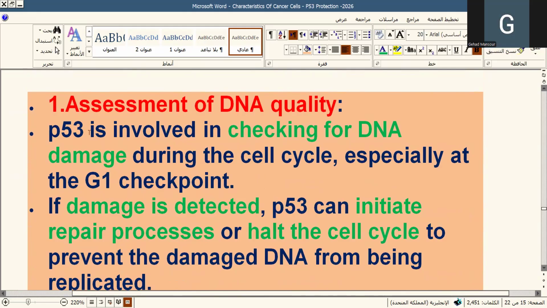P53 does not itself sense the presence of damaged DNA, but it is a sensor protein, as we said. Once the sensor protein detects the damage, it will activate P53. P53 will stop the cell cycle because it wants a repair process to be activated. So the overall action is called assessment of DNA quality, or checking whether there is DNA damage or not during the cell cycle.